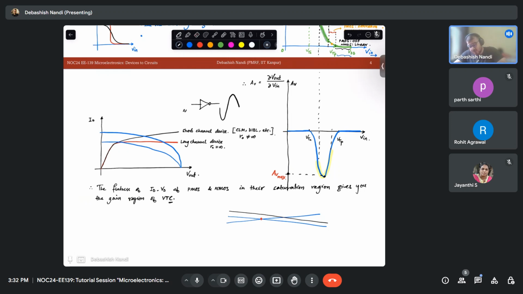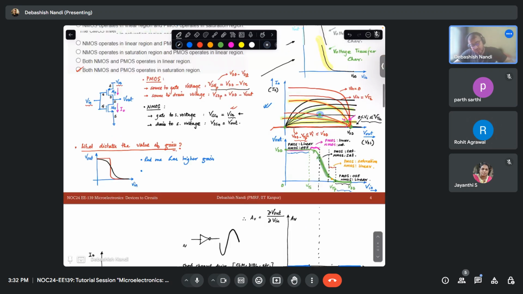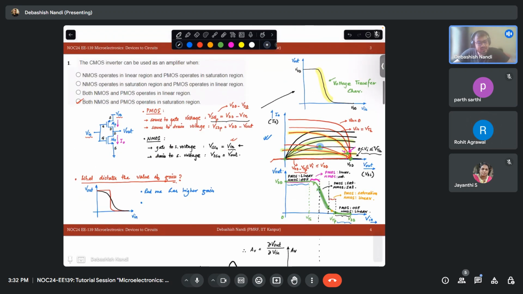And what about this curve? This will decrease then. If your input voltage increases, we have seen that one ID-VD curve increases and the other ID-VD curve decreases in magnitude, for obvious reasons, because this is of opposite sign.